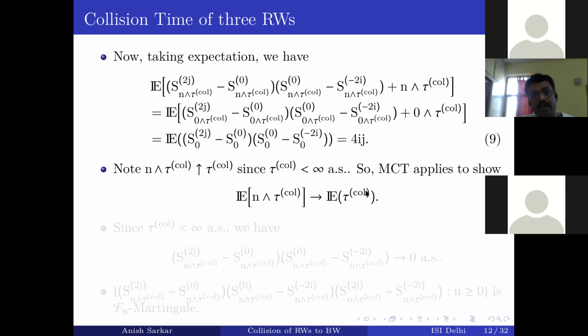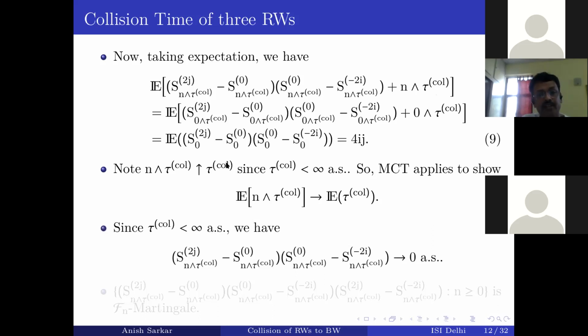So I can apply MCT here, and MCT will say the expectation of this converges to the expectation of tau collision. This part I have got. Next, I want to take the limit on both sides.